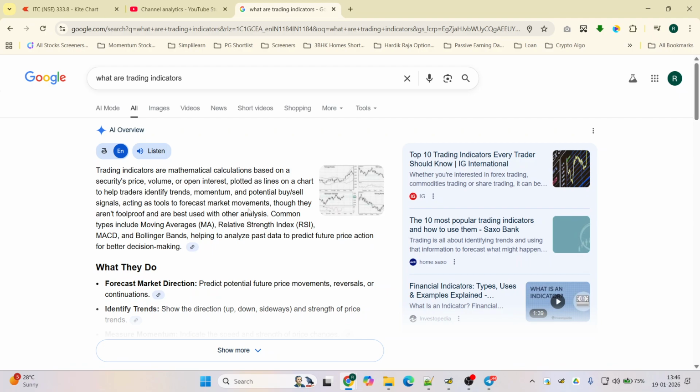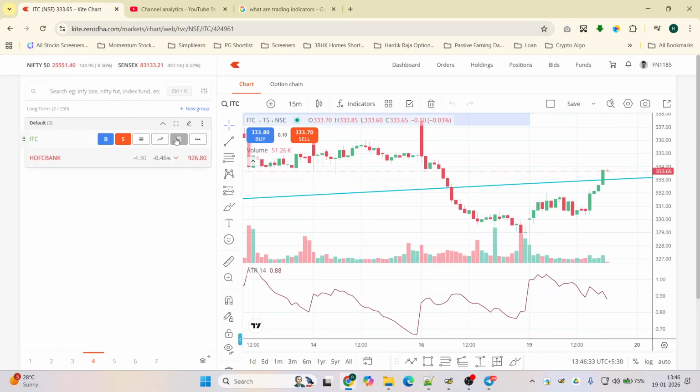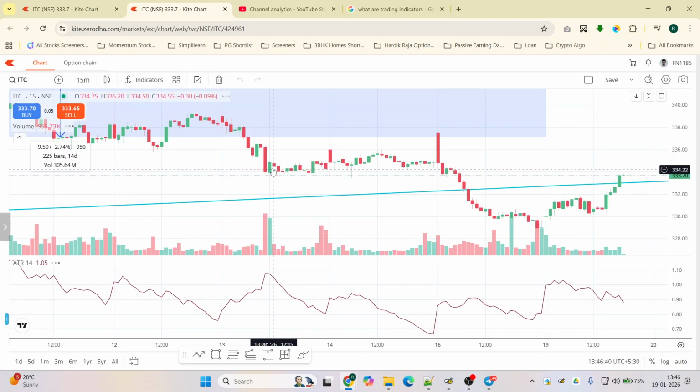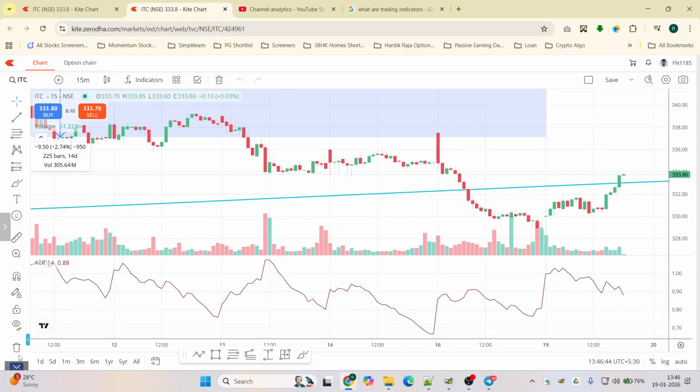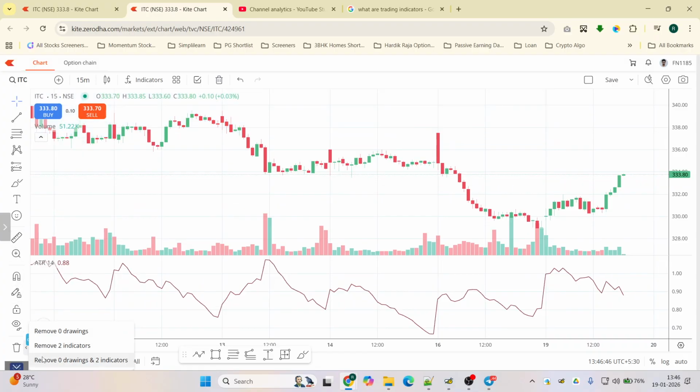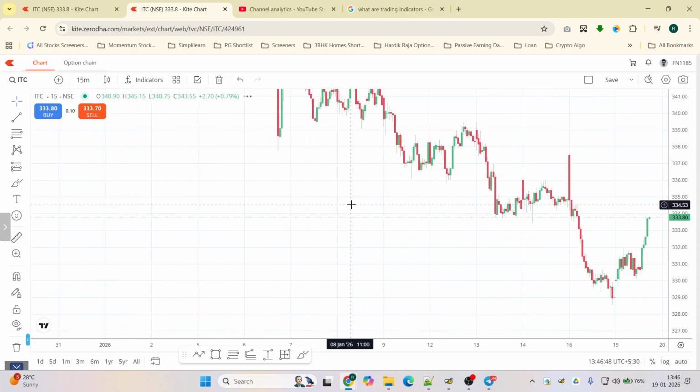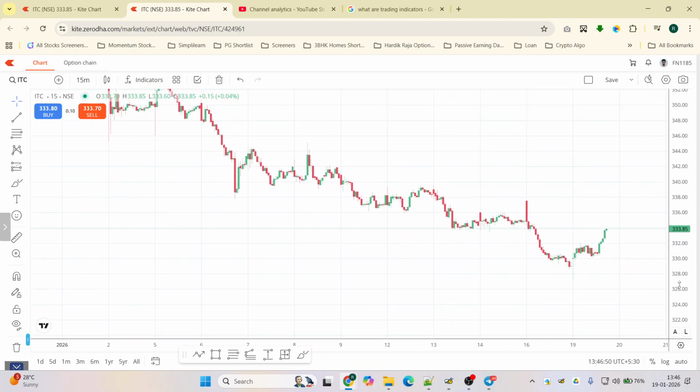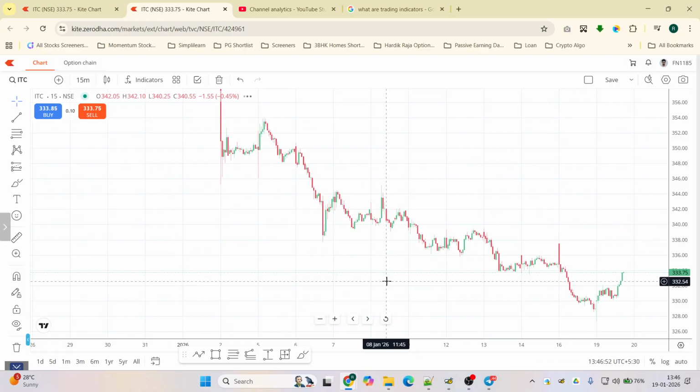Say, for example, I'll go to this chart and open it in a separate window. I'll remove everything. You can see this is on a 15 minute time frame.